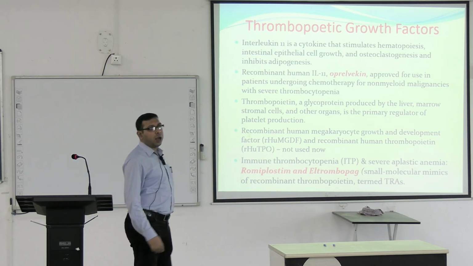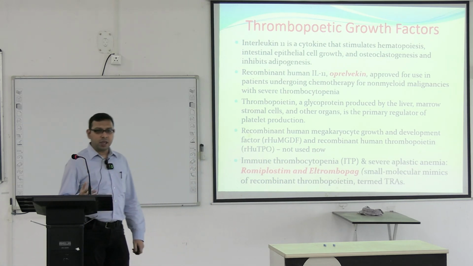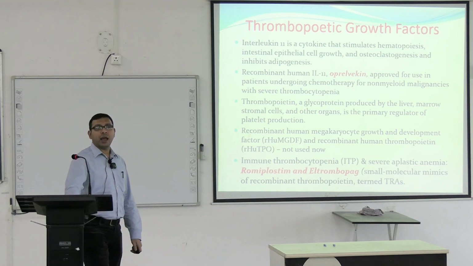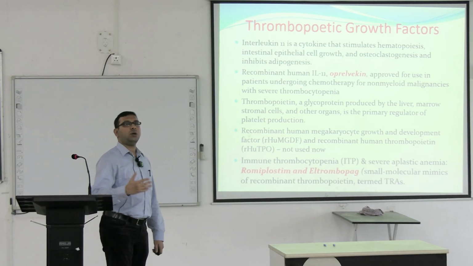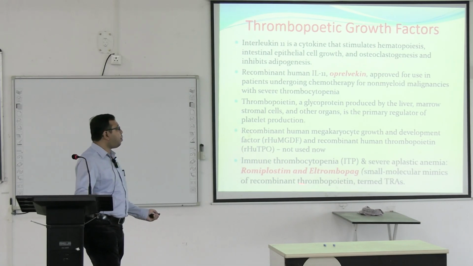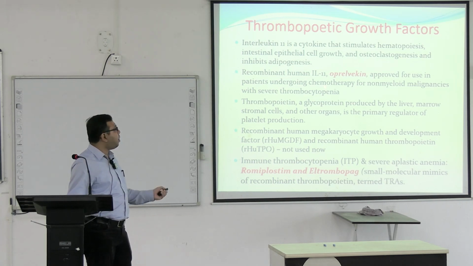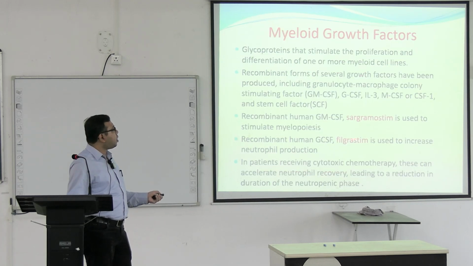Immune thrombocytopenia is also known as idiopathic thrombocytopenic purpura, ITP, a disease where there is a severe decrease of the platelet count. In severe aplastic anemia the bone marrow becomes aplastic, so no blood cells can be generated. In those cases we can use romiplostim and eltrombopag. So remember the names: the thrombopoietic growth factors are oprelvekin, romiplostim and eltrombopag, and sargramostim and filgrastim are the myeloid growth factors.